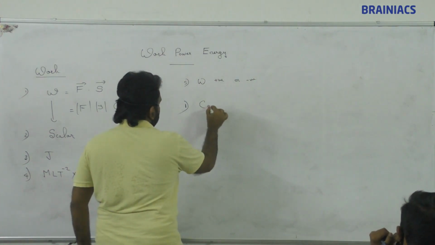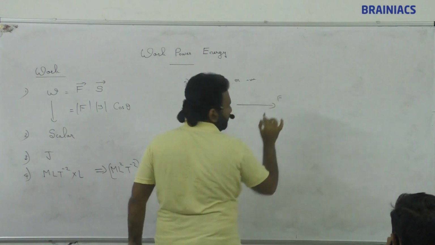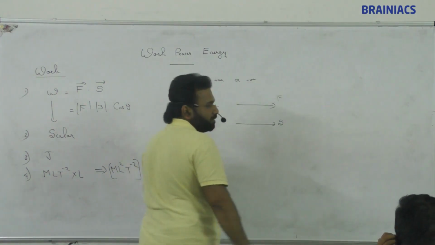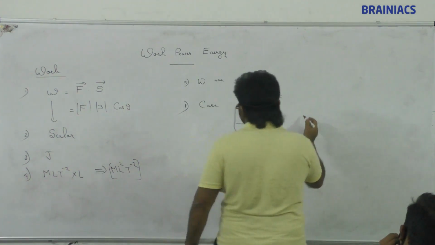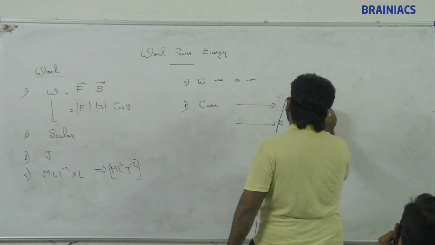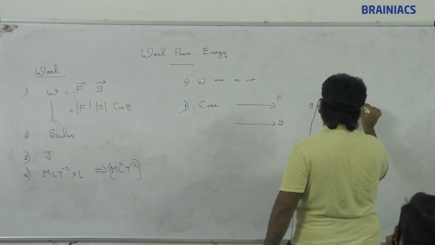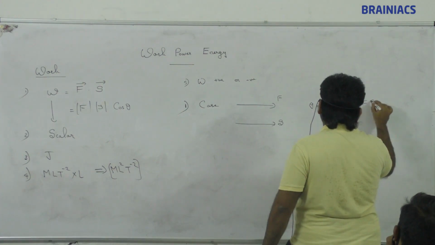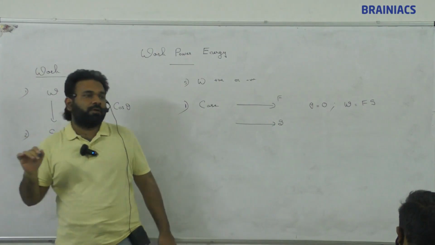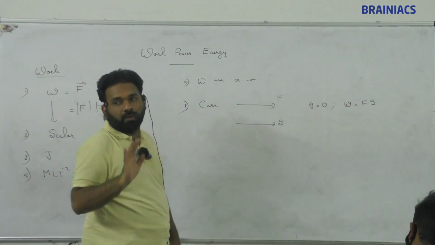Suppose in the first case, force is acting in this direction, and displacement is also acting in this direction. Then what is the angle theta between force and displacement? 0. We will get work equal to F into S. Work equals force into displacement is only for this case alone.